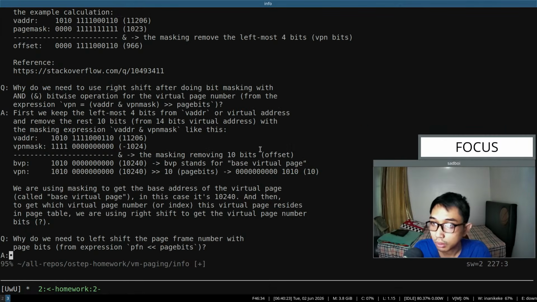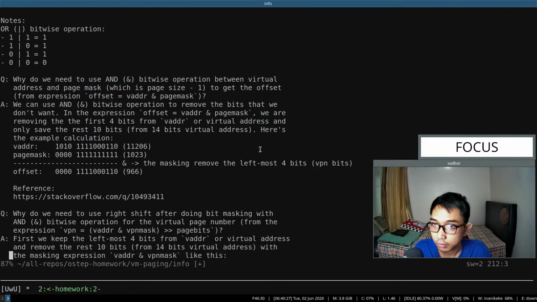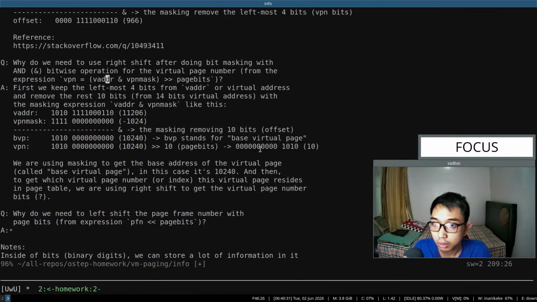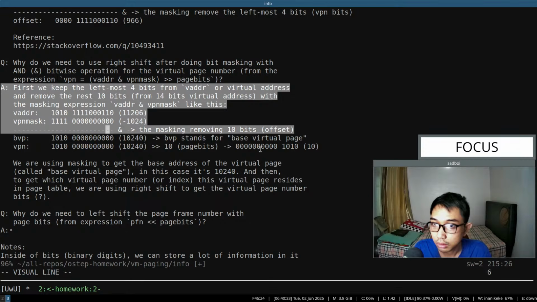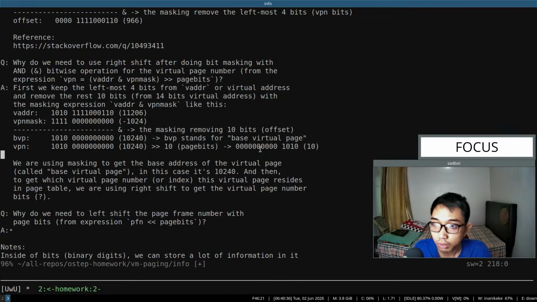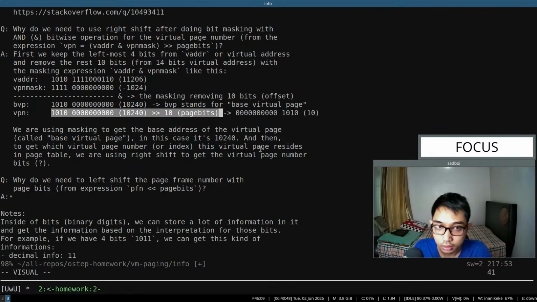Okay, previously, where is it? I think this one, right? Previously, to get the virtual page number, we need to do the right shift, something like this, right, to get the virtual page number.